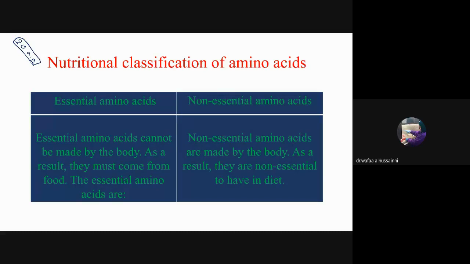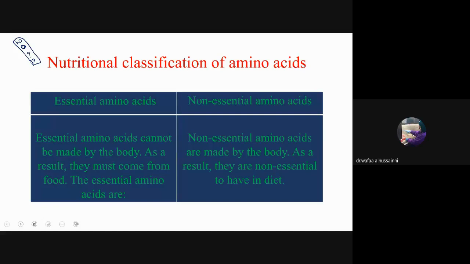We need all 20 amino acids for our body to work properly. But some of them are considered essential and some are not. Now we will understand what we mean by essential and non-essential.